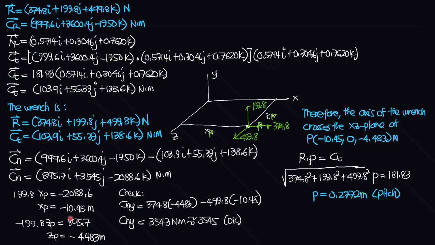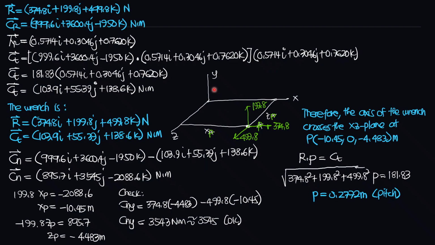So xp is negative 10.45 meters. Likewise, to solve for zp, we take moment about x. This is the positive sense and the moment is in the opposite direction. So that's why it's negative 199.8 times zp. And we equate that to the moment about x, which is c sub nx, and it is 895.7. Solving for zp, it is negative 4.483 meters.